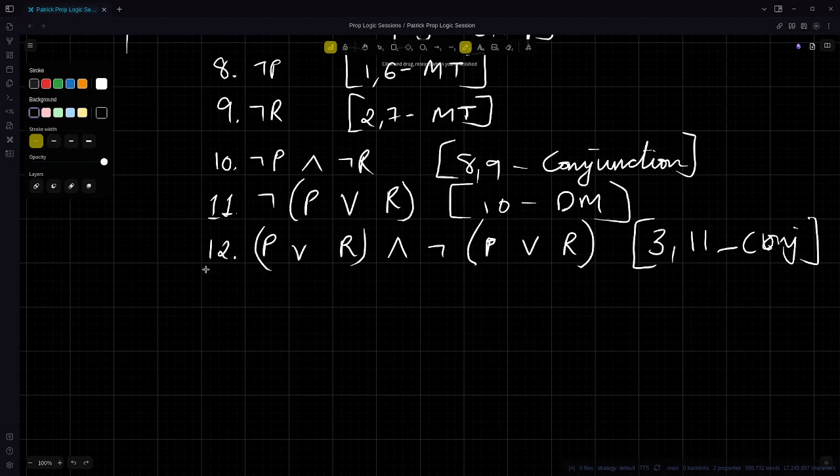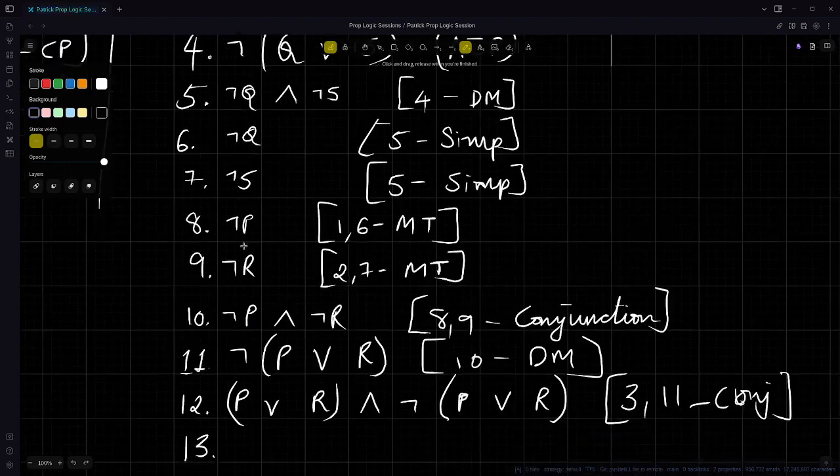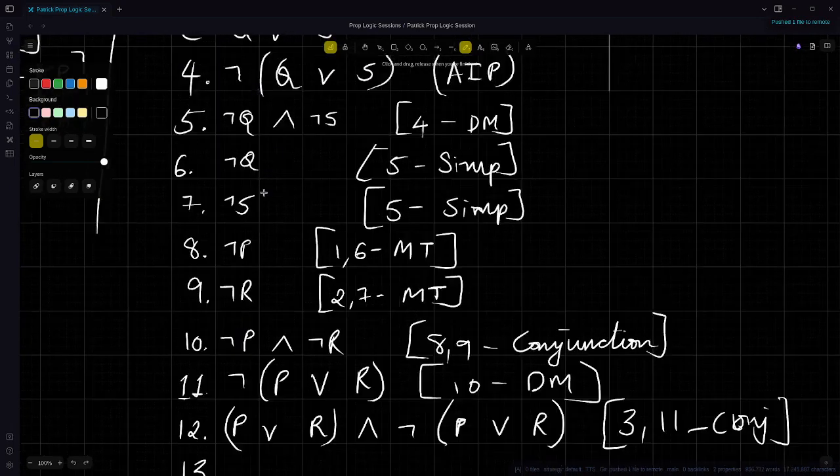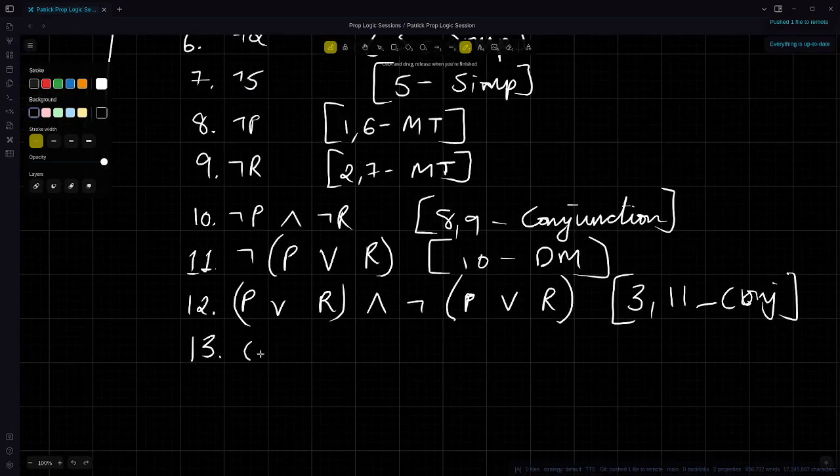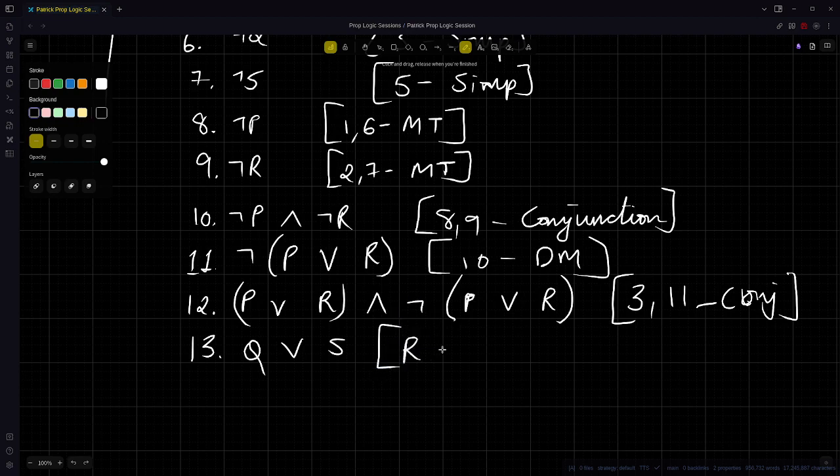Right? So we just conclude that Q or S is true. And you can write reductio ad absurdum. Okay.